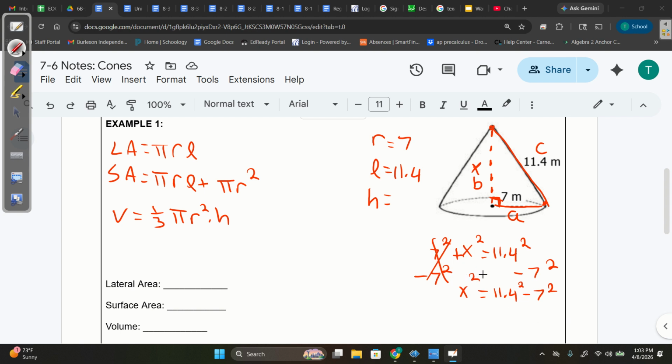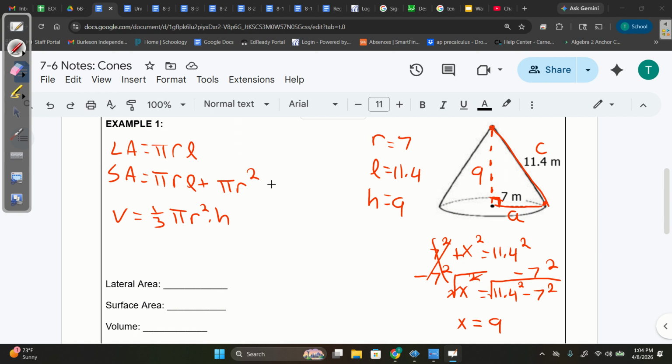I've got to get rid of this square by taking the square root, because square roots are the opposite of squares. Whenever I plug this into Desmos, or whatever calculator you might be using, I end up with 8.997. We're just going to call that 9. So, I found that this part of my triangle is 9 meters tall, which is actually the height of my cone.